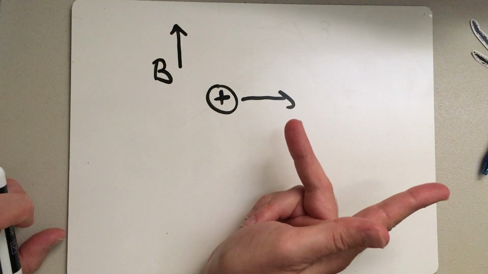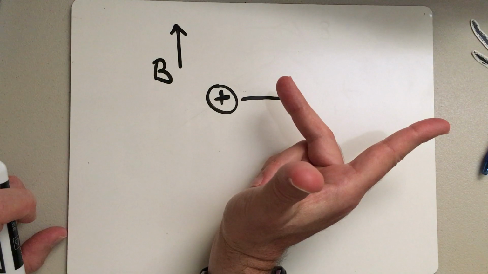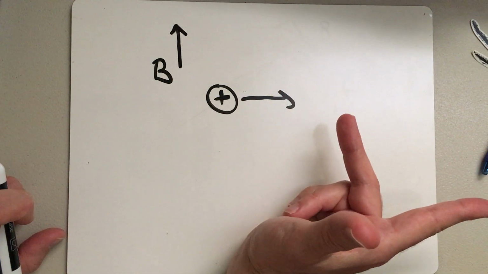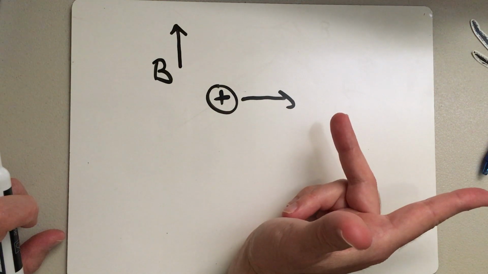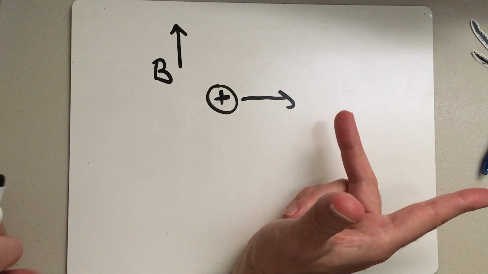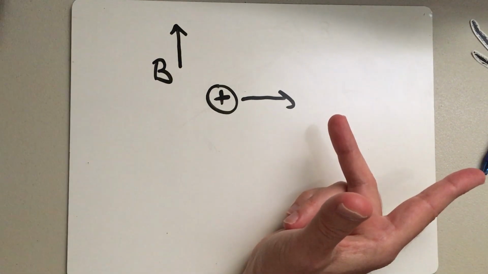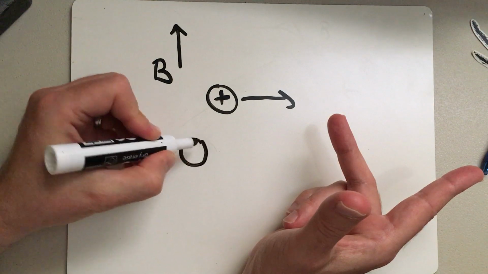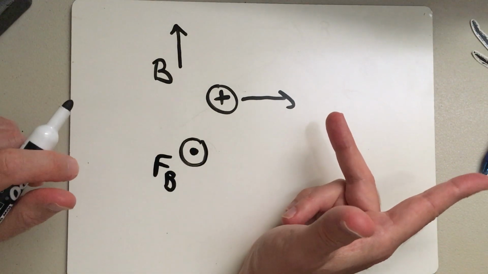And then your thumb, you just stick your thumb straight out, and your thumb is pointing in the direction of the magnetic force on that particle. So in this case, my thumb is pointing straight up. And so the magnetic force is straight out of the board.